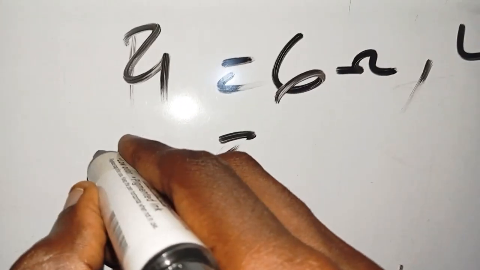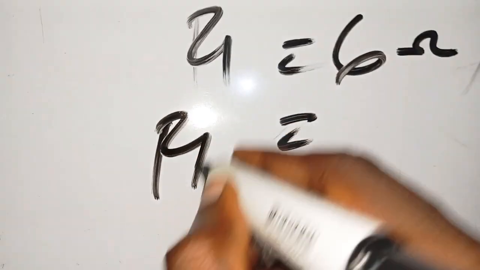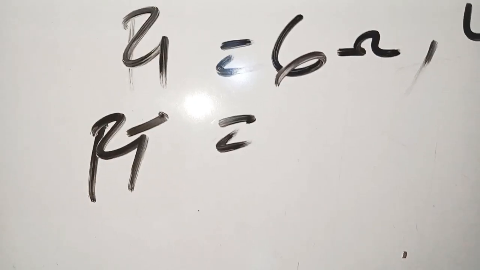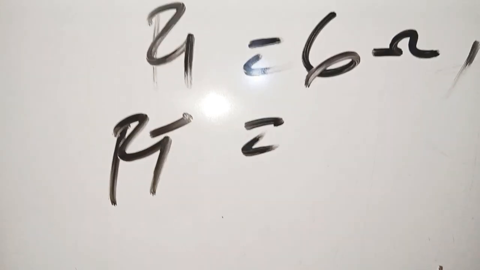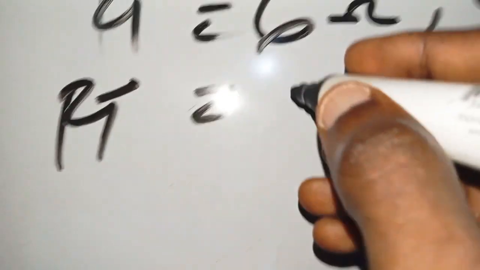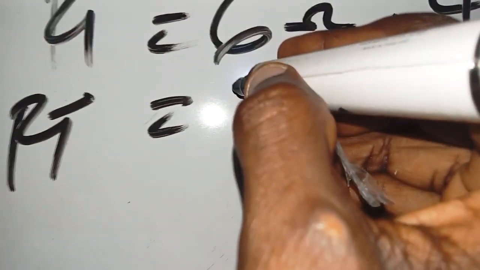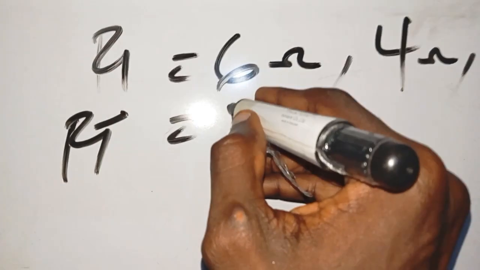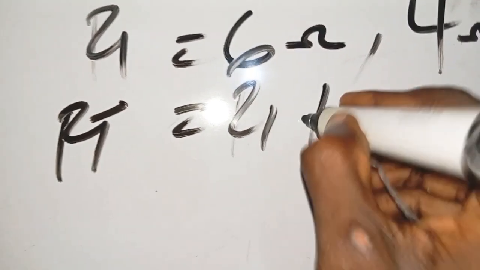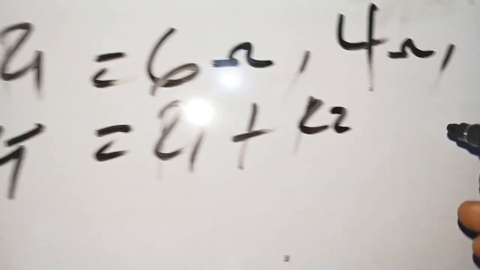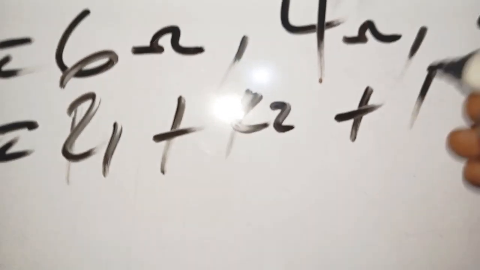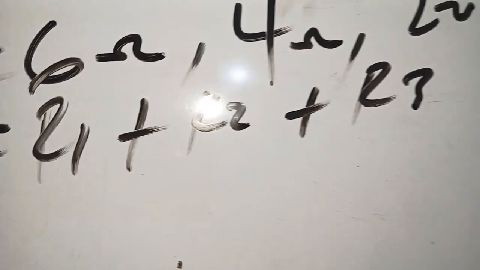RT means total resistance. The formula is RT equals R1 plus R2 plus R3.